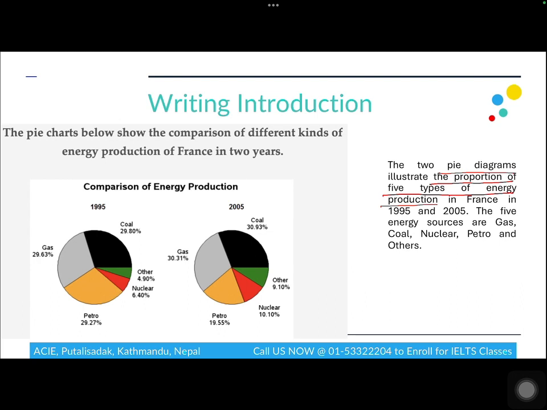So you don't need to change the major keywords. The major keywords are energy production. So I have not copied more than two consecutive words from the question, because if you write kinds of energy production, that becomes imitation of more than two consecutive words. But you can use a synonym for non-major keywords such as kinds, different, comparison, and so on, right?